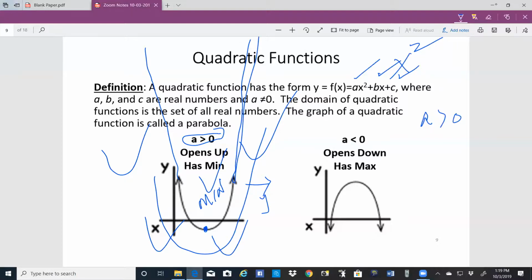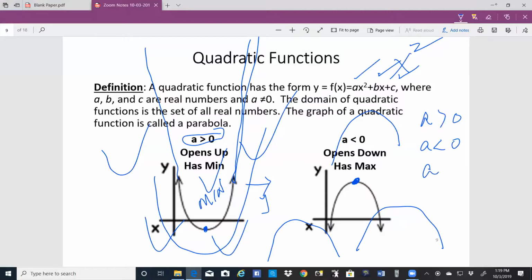Now, if A is less than 0, it looks like this, that, or that, depending on A, B, and C. And it will always have a maximum. Okay? And you can calculate the maximum very easily.